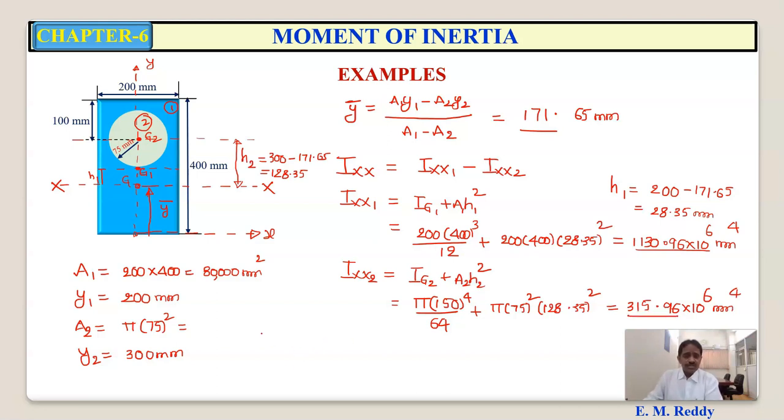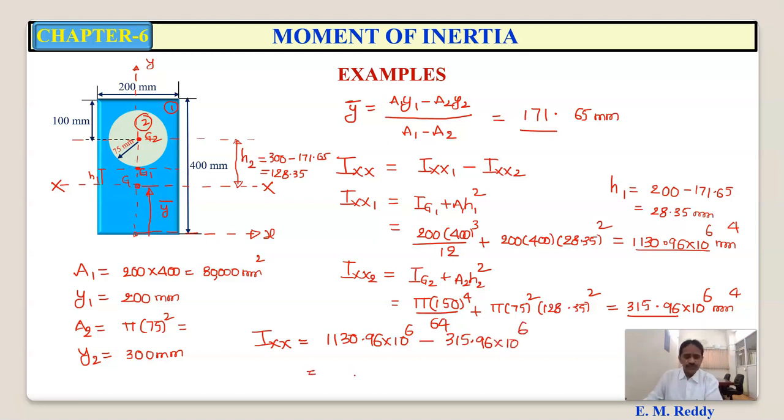So the net moment of inertia of the section about centroidal x-axis, Ixx1, 1130.96 into 10 raised to 6 minus 315.96 into 10 raised to 6.